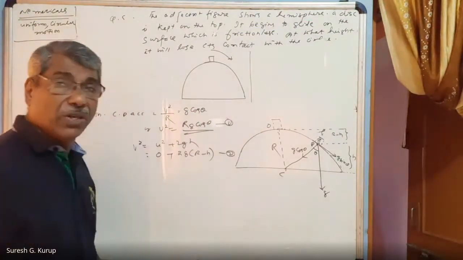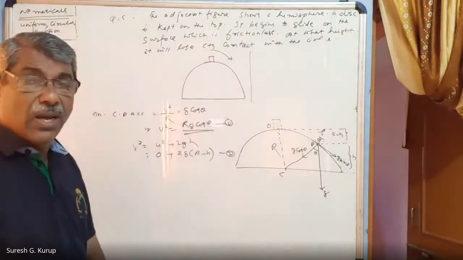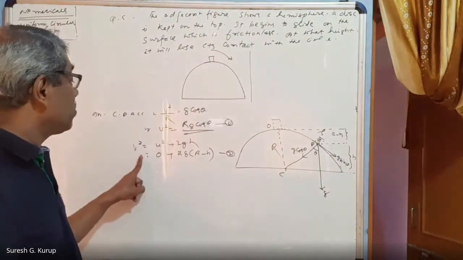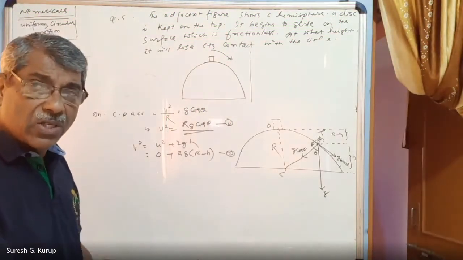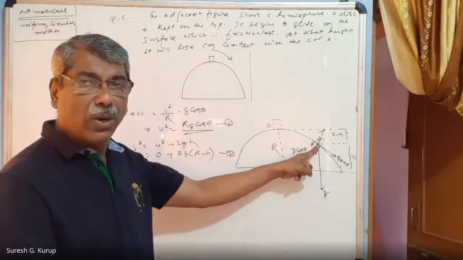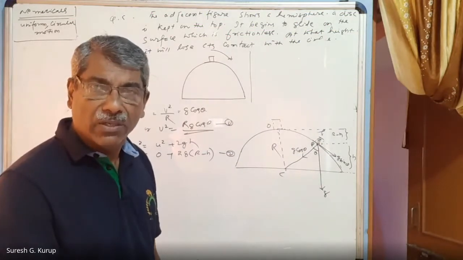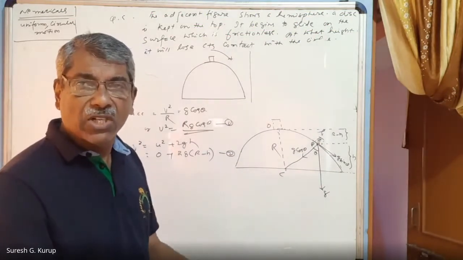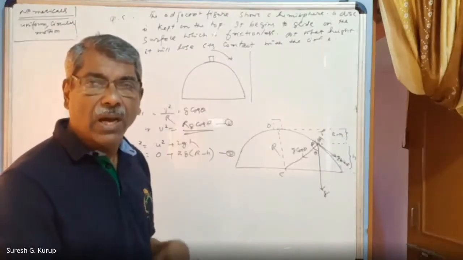So, two equations you got. One equation you got, v square is equal to rg cos theta. Next equation, v square is equal to 2g into r minus h. Why 2g into r minus h? Very clear. Because when the body starts from this point and reaches this point P, the vertical distance traveled by the body is r minus h, in the downward direction.